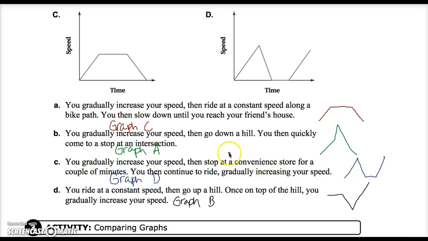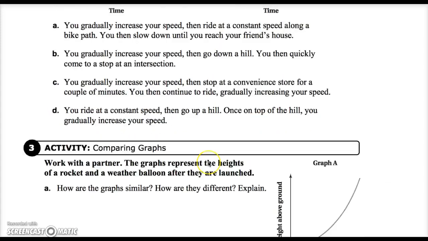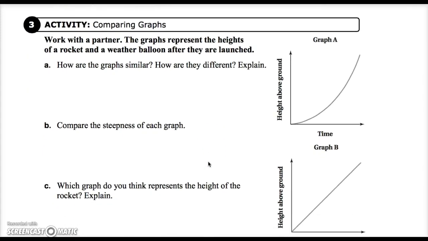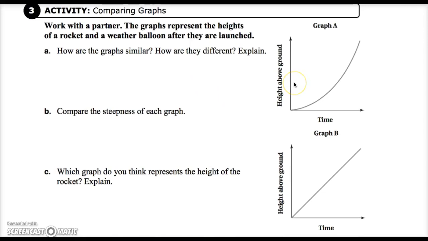Okay. Now looking at activity 3, comparing graphs. So it says the graphs represent the heights of a rocket and a weather balloon after they are launched. So A says, how are they similar and how are they different? So if I look at both graphs for how they're similar, I notice that they're both going up.